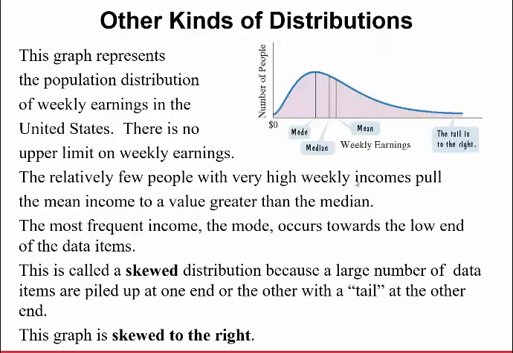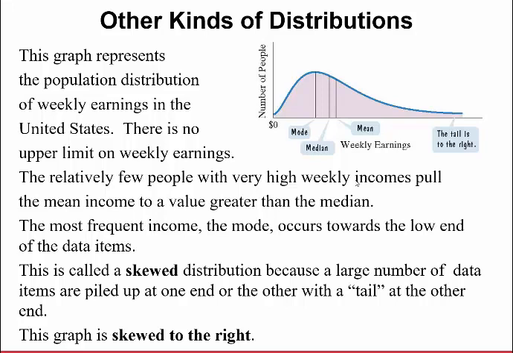Last thing, let's just talk about other types of distribution. This graph represents the population distribution of weekly earnings in the United States. There's no upper limit to weekly earnings here. The relative few people with very high weekly incomes pull the mean income to a greater value than the median.